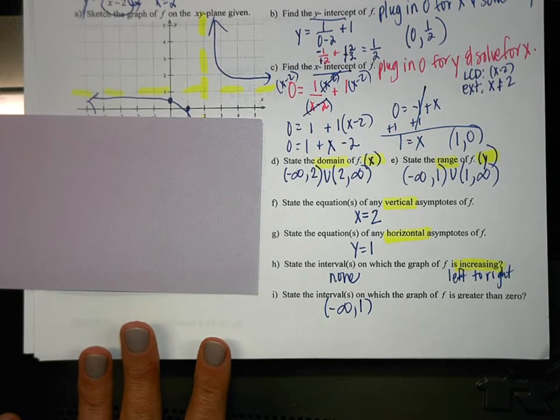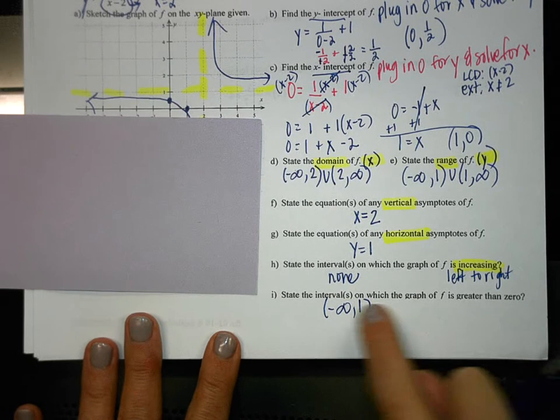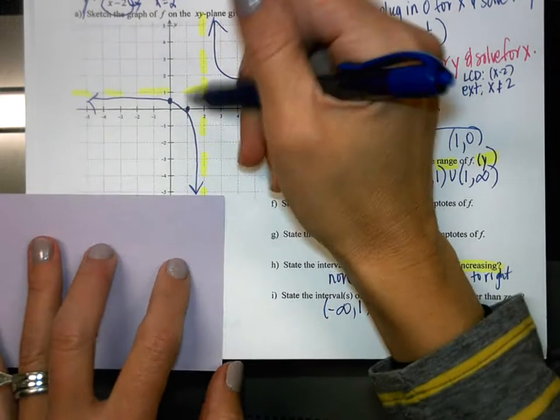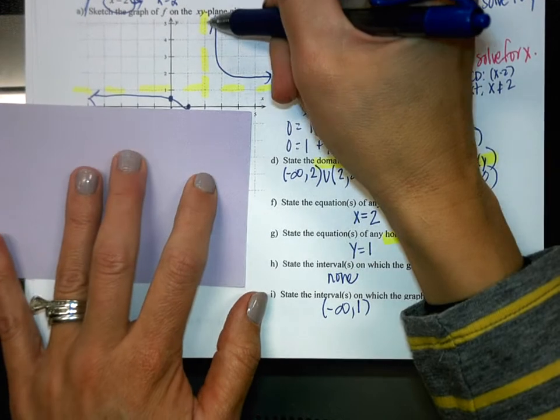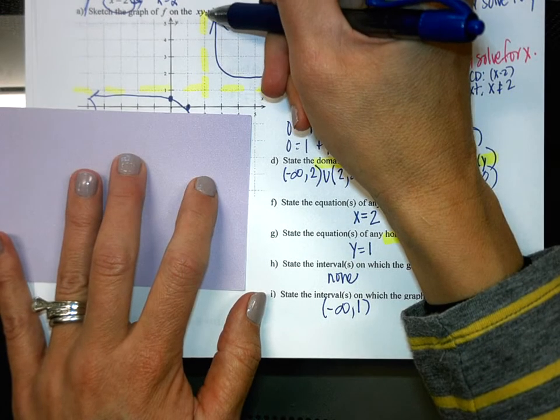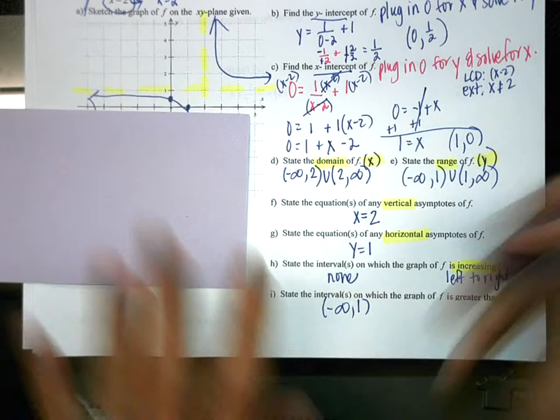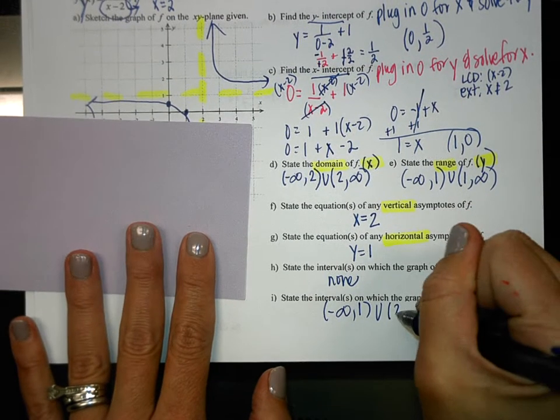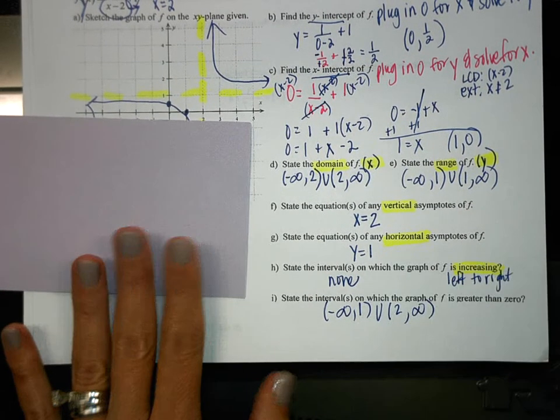When it's at 0, it equals 0. It's not greater than 0. So you're only going to be using parentheses on these. Okay? And then it's below 0 here. It's less than 0 here. But it's still greater than 0, and it starts at your asymptote and goes to positive infinity. So where is my asymptote at? 2 all the way till positive infinity.